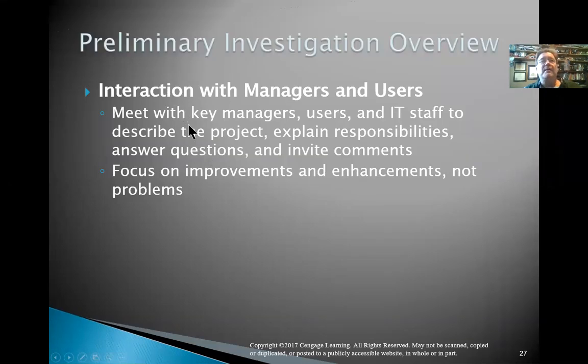So we end up getting together with the key stakeholders, the key managers, the users, and the IT staff, to describe the project, talk about who's going to do what, answer any questions, and then invite comments. Right now, a lot of my work is done over conference calls, and it is maddening, because people will be talking and you don't know if they're listening.